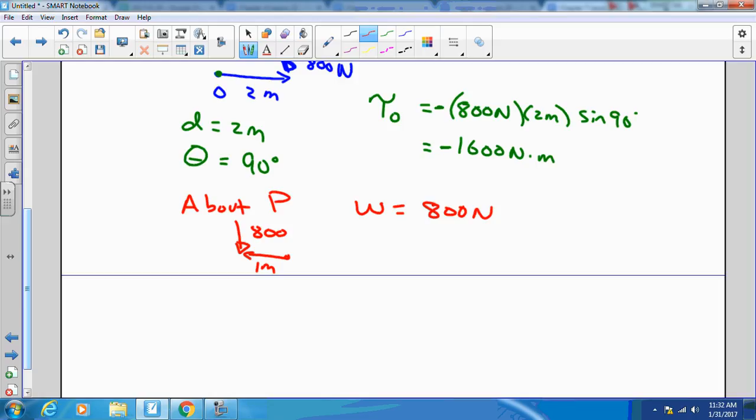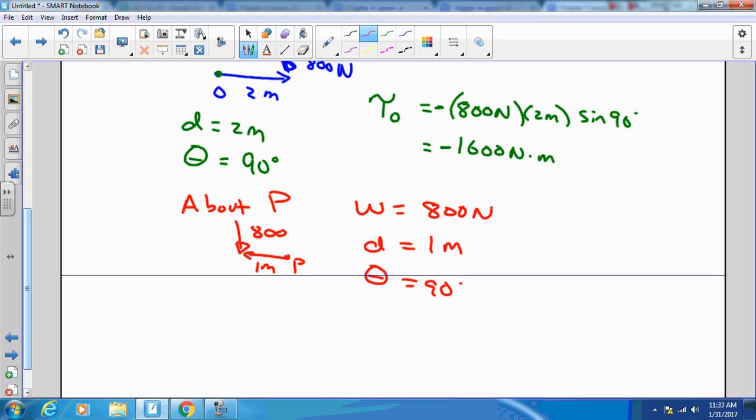About P, my distance is 1 meter in this direction. Here's my point P. And my angle is still a 90-degree angle. Notice that I'm pushing perpendicular, so my distance perpendicular is my distance in this case. That corresponds to theta being a 90-degree angle.